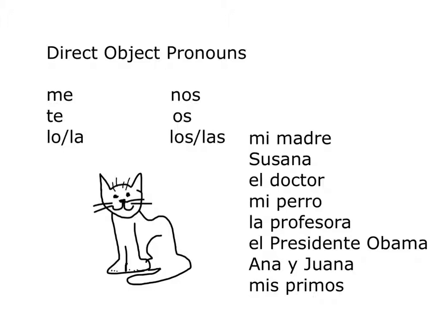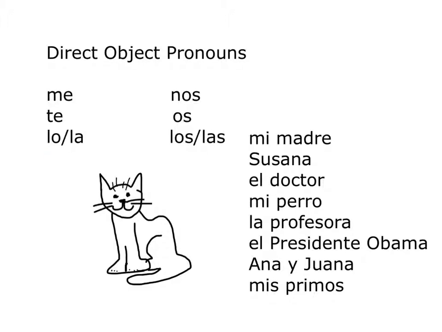Here are the direct object pronouns, the short little substitute words in Spanish. Me, te, nos, os, and lo, la, los, and las have a bunch of different jobs.